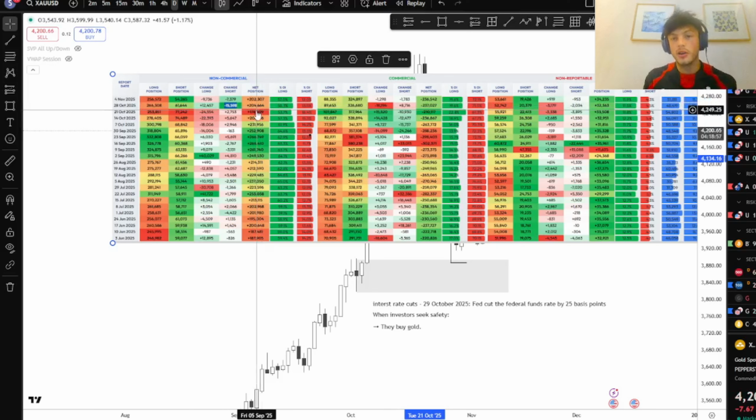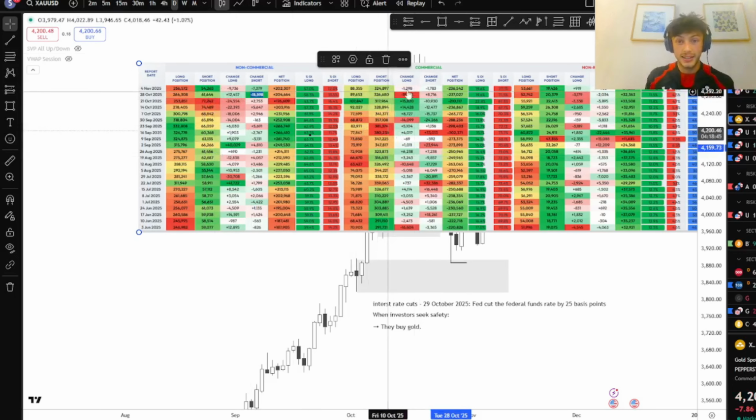The banks want gold to increase, but the non-reportables, the retail traders, want the price of gold to go down. When the banks see this data as well, they want to use retail liquidity to look for longs in the market and create these huge moves like we see happen here.